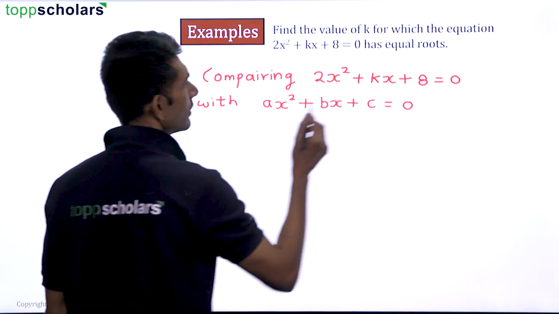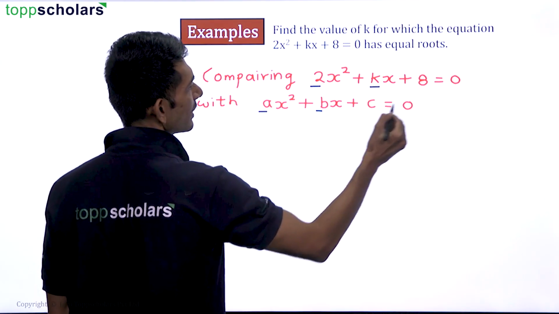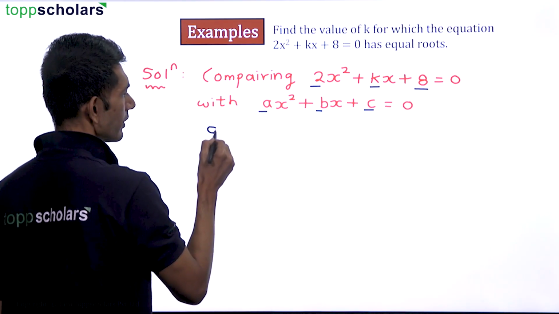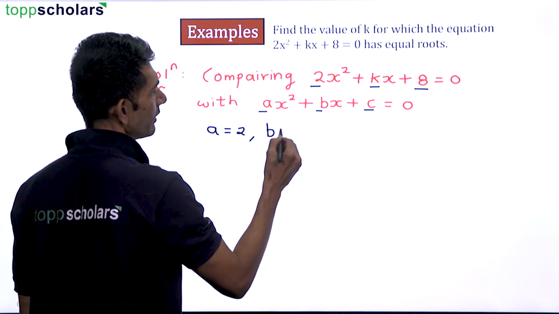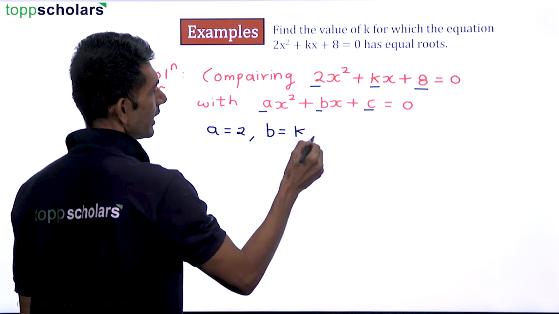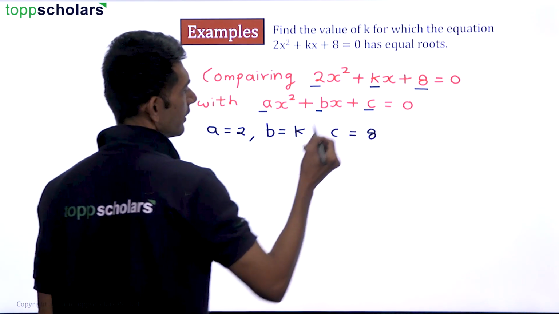So what is the value of a? The value of a is 2. The value of b is k and the value of c is 8.